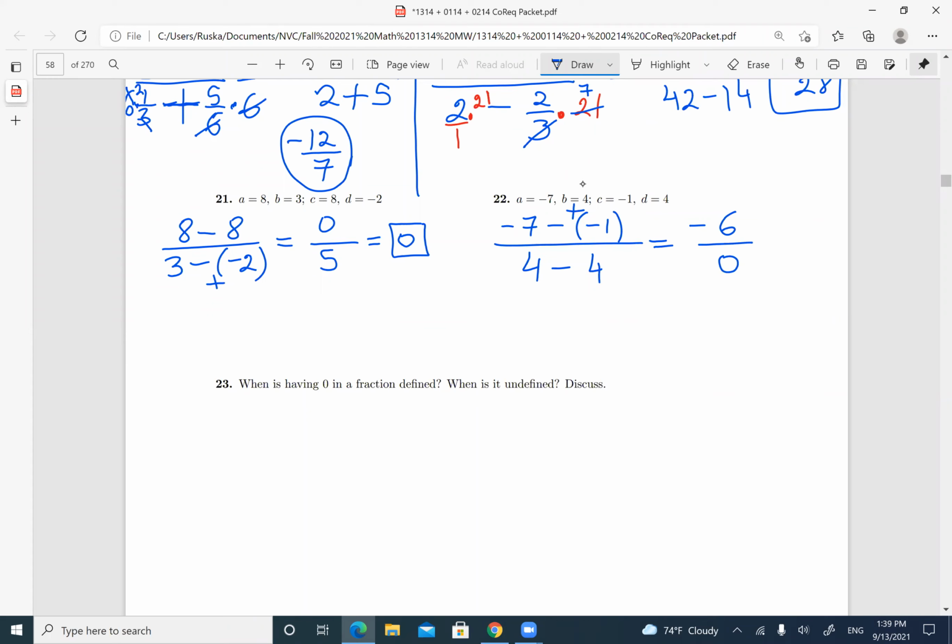So when you have a number divided by 0, what is that? Undefined. Good job. So the answer is undefined because you cannot divide by 0. This is D.